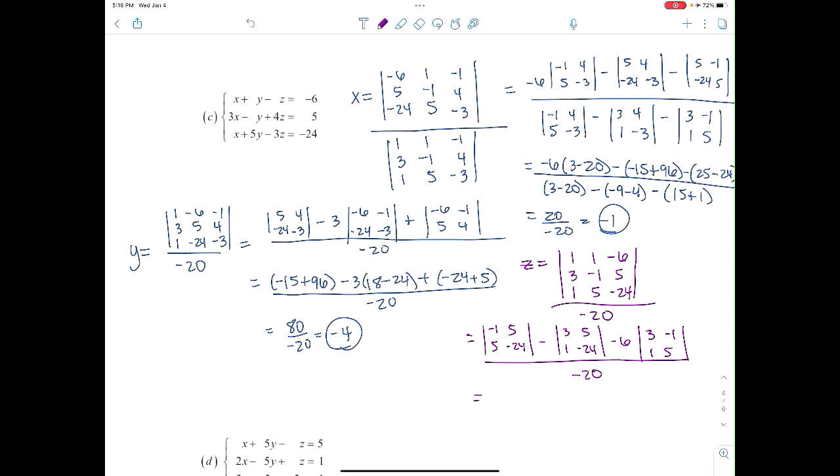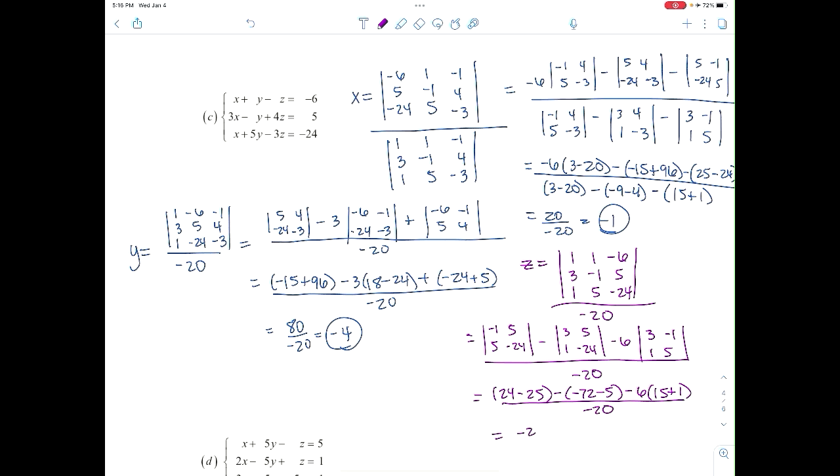This gives us negative 1, 24 minus 25 minus negative 72 minus 5 minus 6 times 15 plus 1 over negative 20.